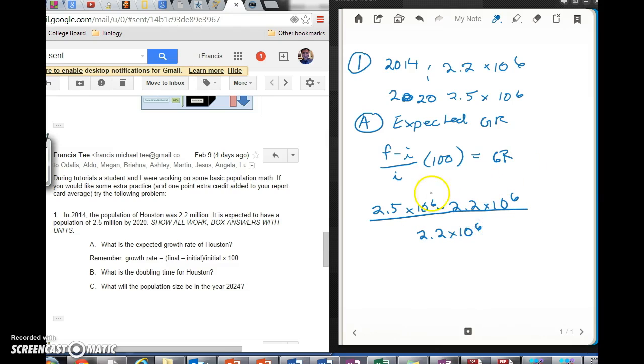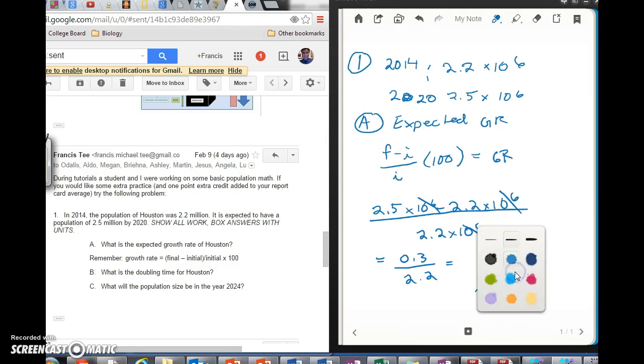One thing we could already get rid of are all these 10 to the 6s, right? So all we get is 0.3 over 2.2, that's 2.5 minus 2.2 over 2.2, which is the same thing as saying 3 divided by 22.